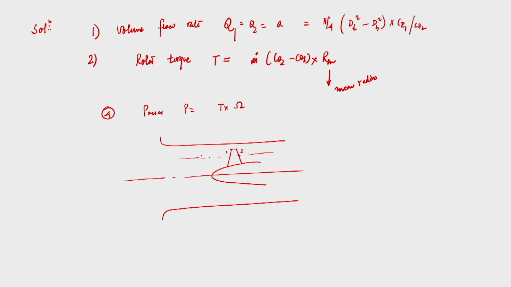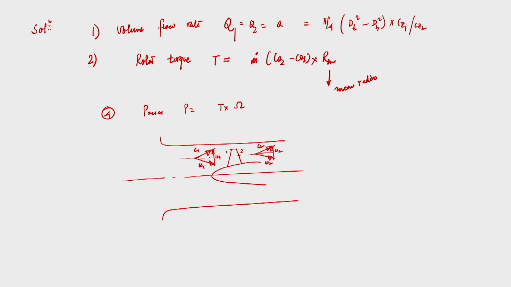If I draw the velocity triangles at the inlet and outlet, so this is C1 absolute velocity at the inlet, this is U1, this is W1, this is C1, and this is U2, this is W2, and this is C2.